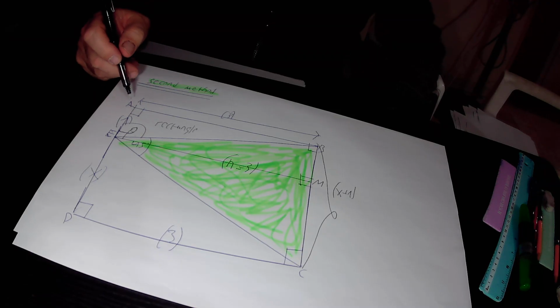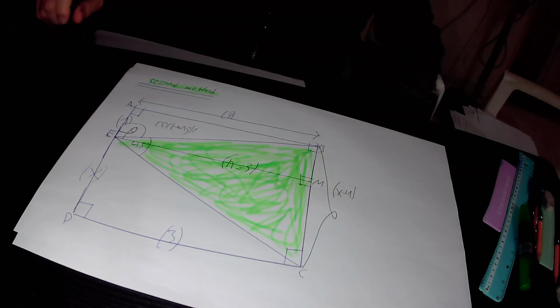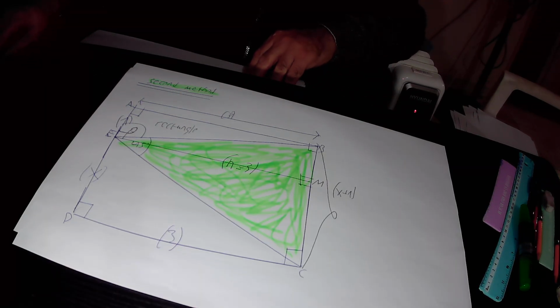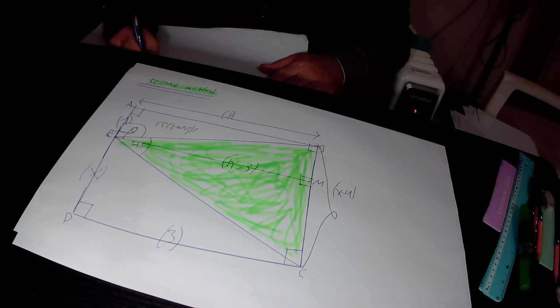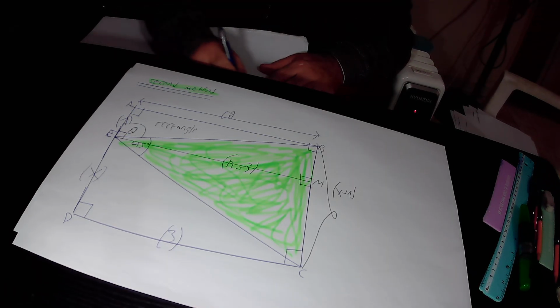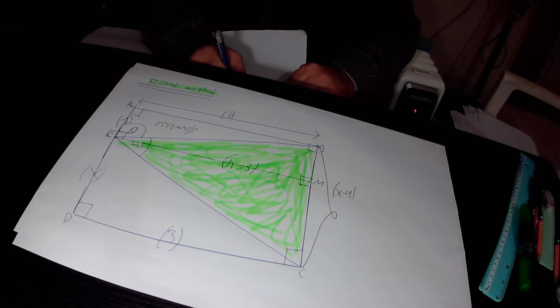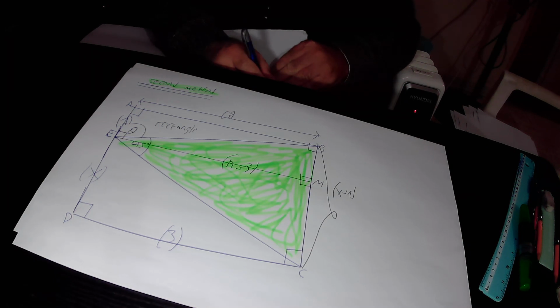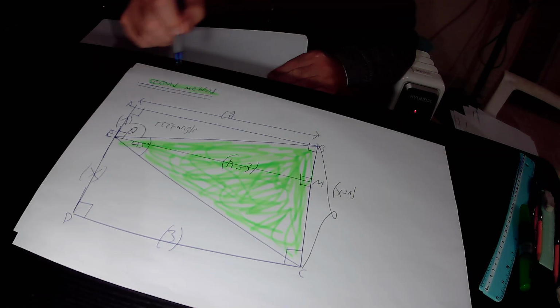So in this right triangle ABE, tangent theta equals AB over AE.